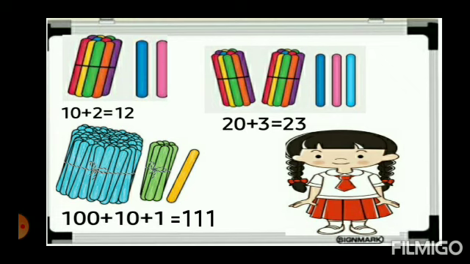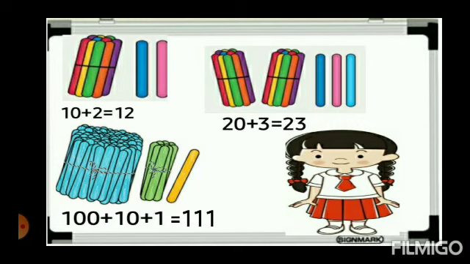Is it, children? Yes. And in the next group, she had tied 100 as a bundle, 10 as another bundle, and she kept 1. Now let us count: 100 plus 10 plus 1 is equal to 111.